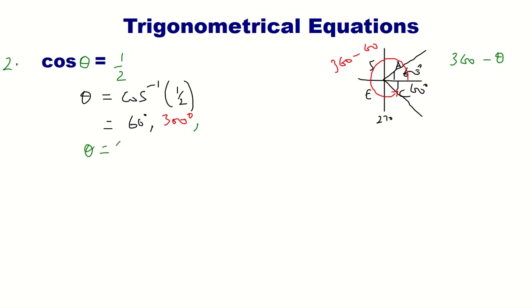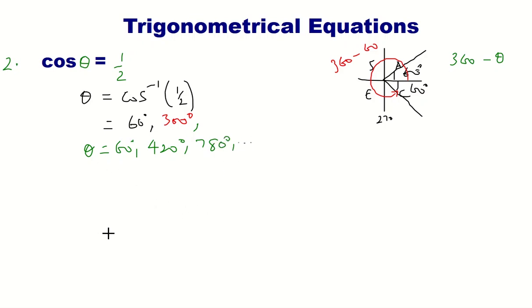For theta equals 60 degrees, cos and sine have a period of 360, so we go on adding 360 on each of the initial angles. 60 plus 360 gives 420. Add 360 again, we get 780, and so on and so forth.